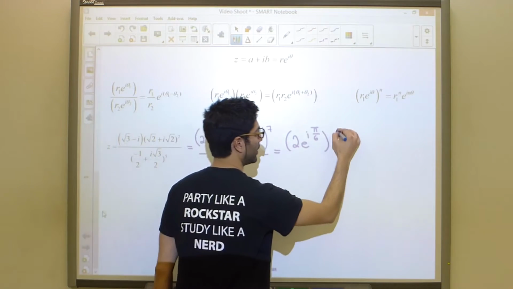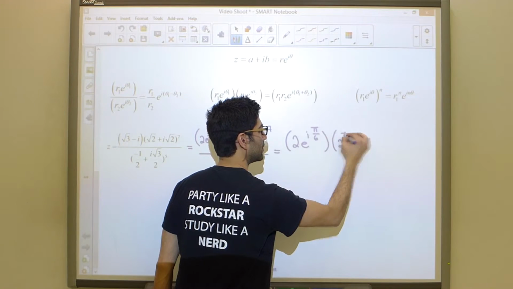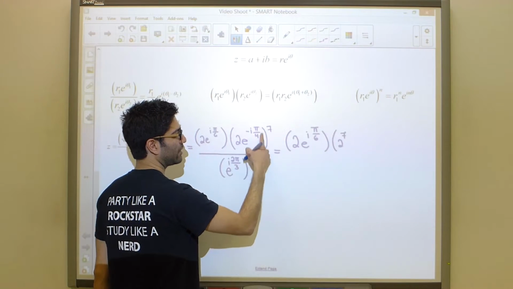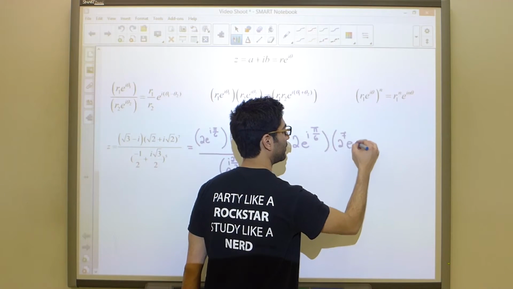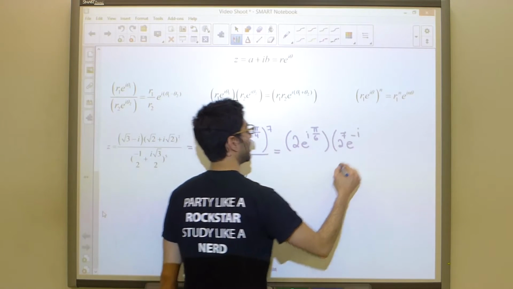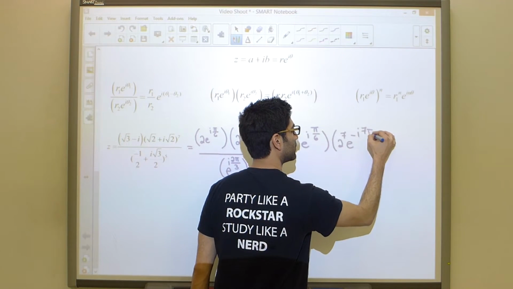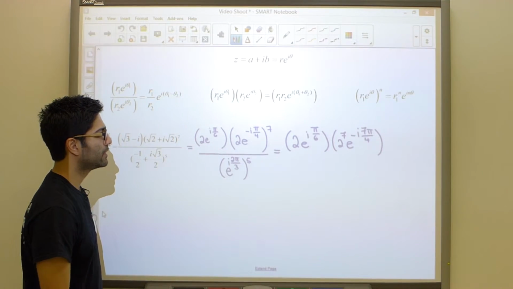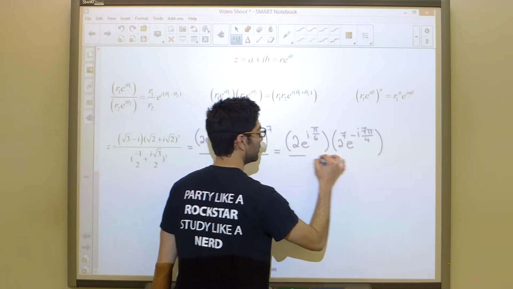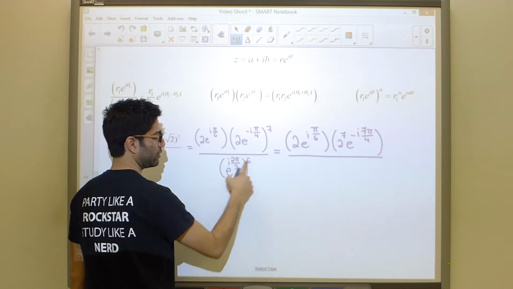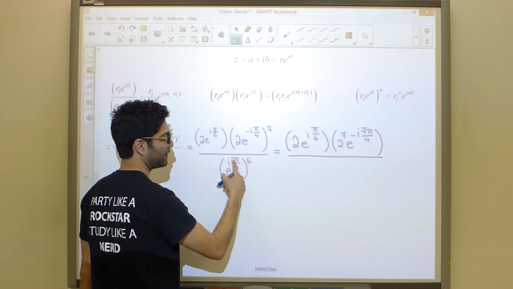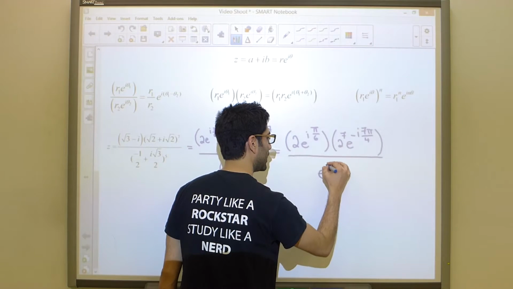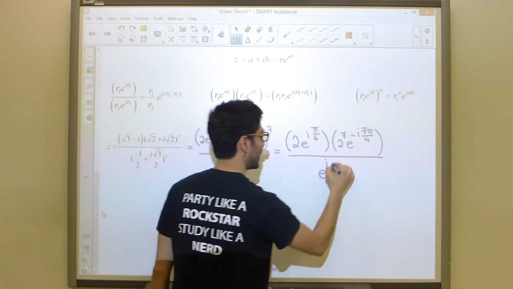This is going to be 2 raised to the power of 7, and the angle will get multiplied by 7, so I'll have negative i 7 pi over 4. It's as simple as that. Similarly, on the bottom, this is going to be 1 to the power of 5, which is just 1, so the 5 simply gets multiplied in. So we get e to the i 10 pi over 3.